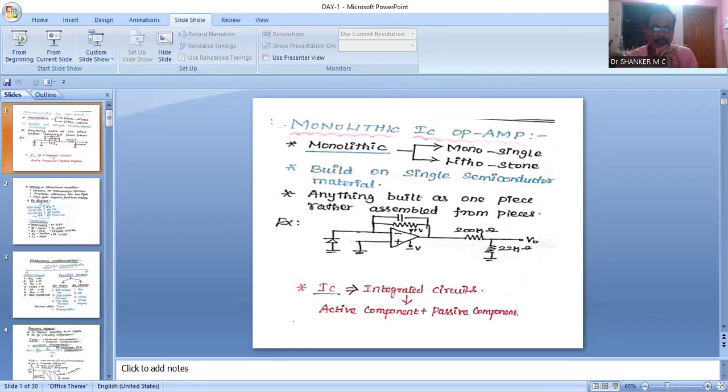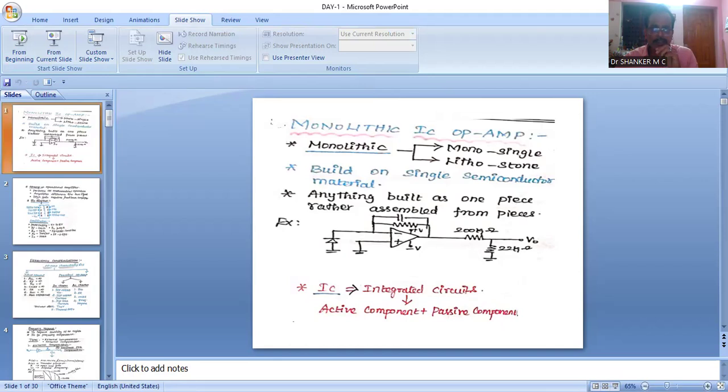What does zero offset null mean? Due to the leakage current, the amplification is disturbed. So in order to avoid that, we have to nullify this reverse current in an op-amp, because the operational amplifier is a differential amplifier. It has two BJT circuits or FETs, with base, collector, emitter connected back to back.